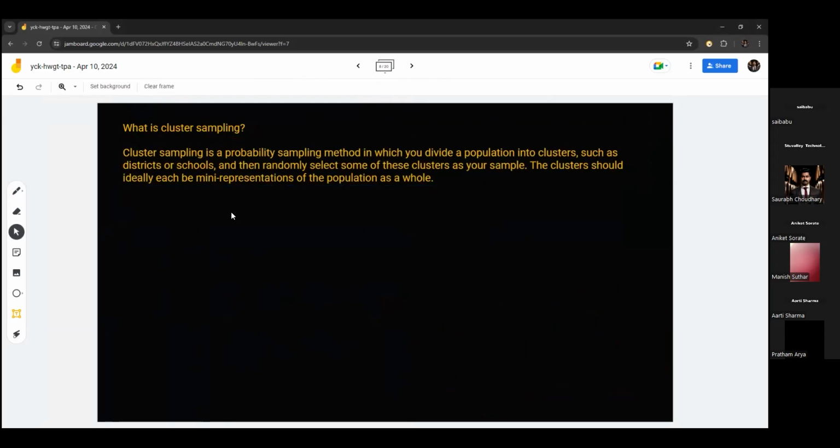Cluster sampling is a probability sampling method in which you divide a population into clusters.